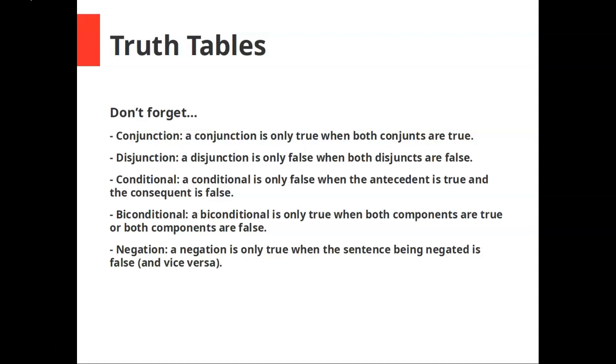You kind of have to either commit these to memory or at the very least have these ready maybe on a notepad or something when you're doing a truth table. These are things you have to know in order to complete a truth table. These 5 rules: conjunction, disjunction, conditional, biconditional, negation.